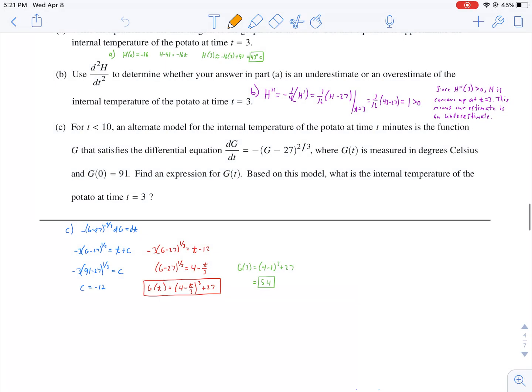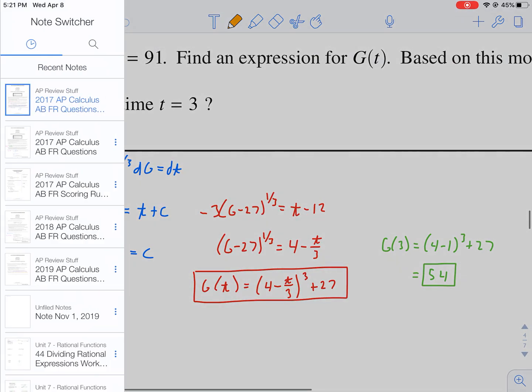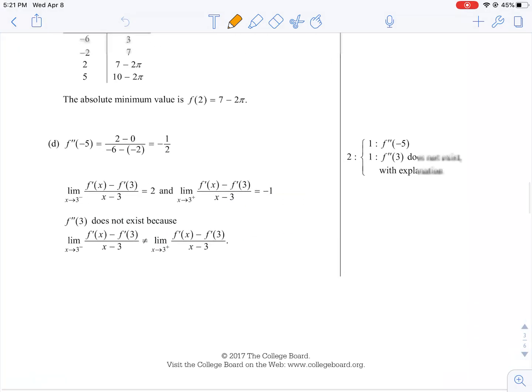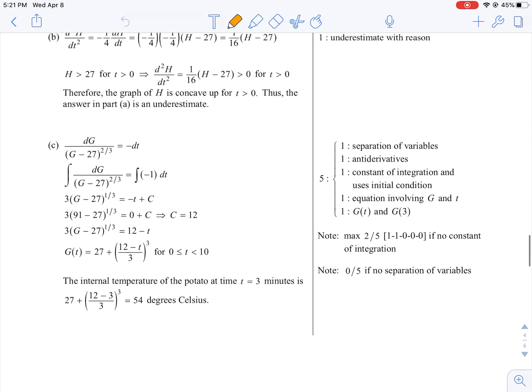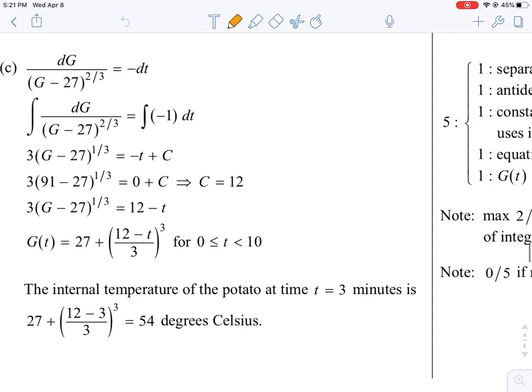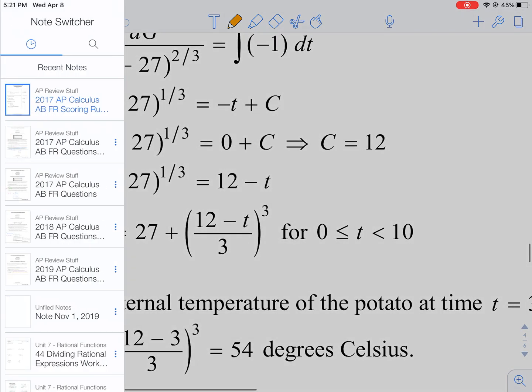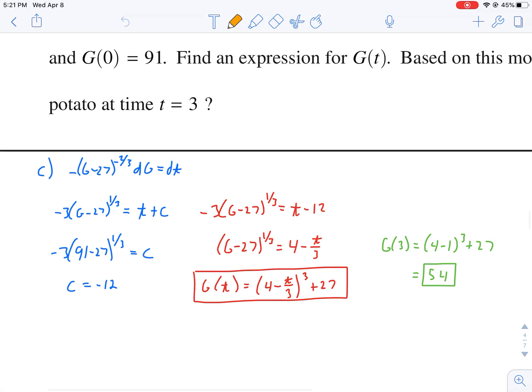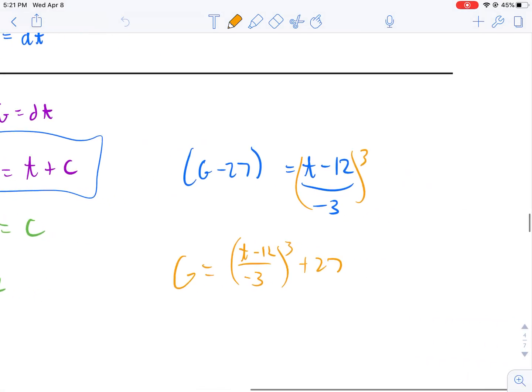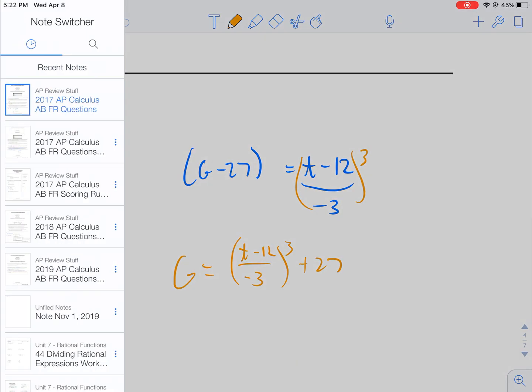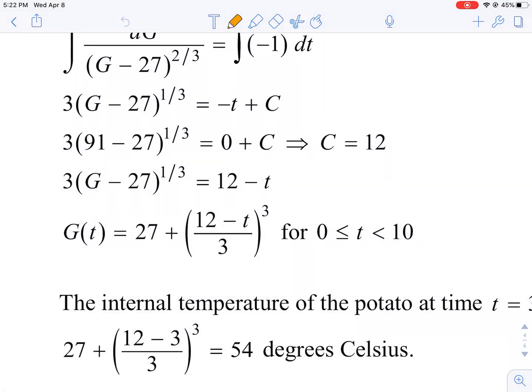I wrote it a little differently here because I simplified some stuff. Let's see what the scoring rubric did on this one. They say you don't have to simplify things like that, and they did not simplify, so they wrote it like I just did. That's my simplified version. And here's what I got: t minus 12 over negative 3, cubed.